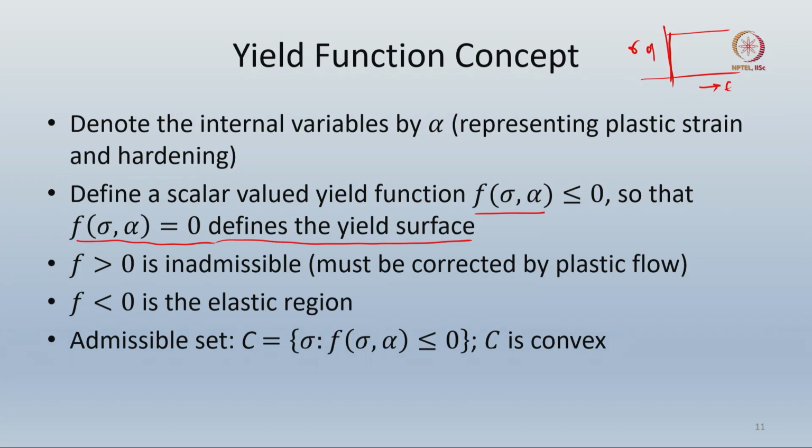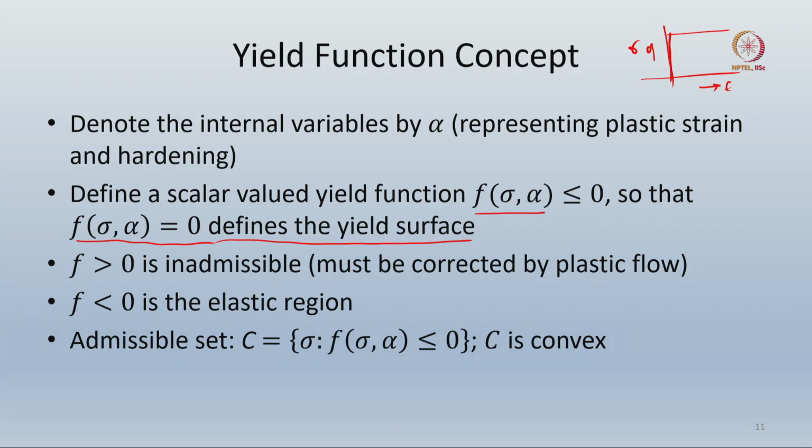There is no guarantee that plasticity has occurred there, because it may so happen that it is on the surface at this point, but as soon as you increase the load further, it leaves that surface. In that case, starting from that point on the yield surface, the flow has not moved. Just because f equals 0 at the current time does not mean that in the immediate neighborhood of time, however infinitesimally small, it will remain on that surface.